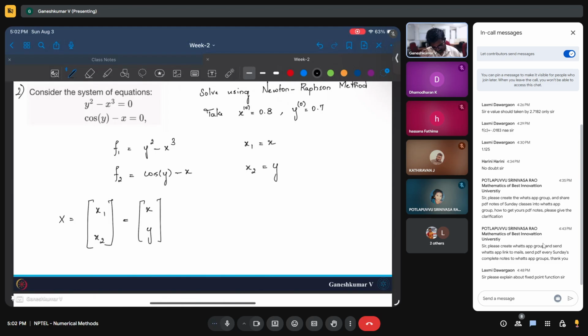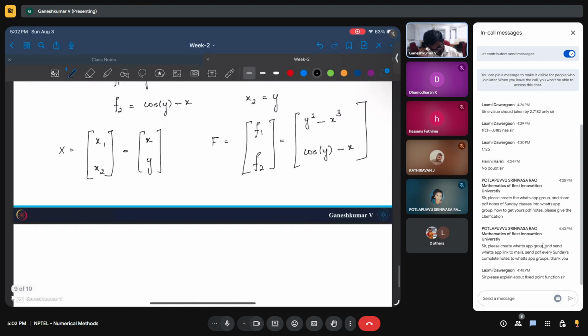And you can also have a function vector which has f1 and f2, which is basically y square minus x cube and cos of y minus x. So this is how you write the equations in vector form.